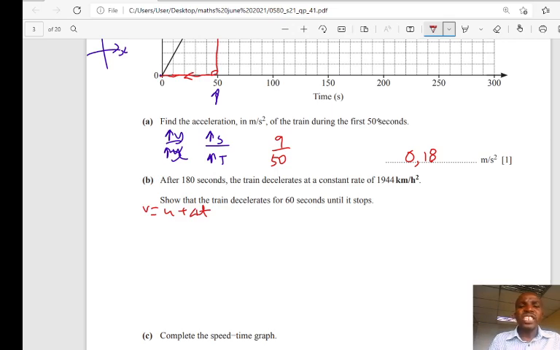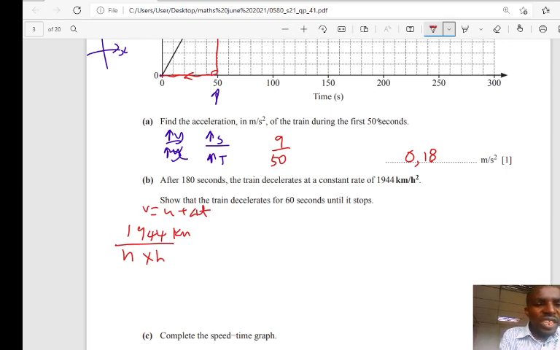So we have to convert this 1944 kilometers per square hour to meters per second. How? You write 1944 kilometers over hours squared, which is hours times hours. Please take note. Hour squared is hour times hour.